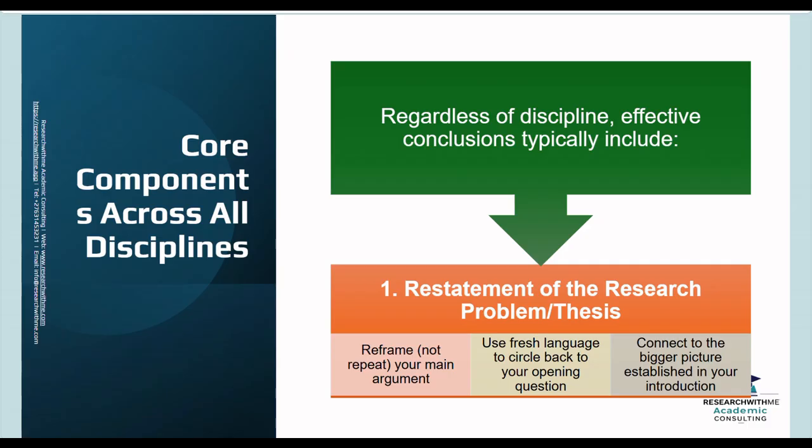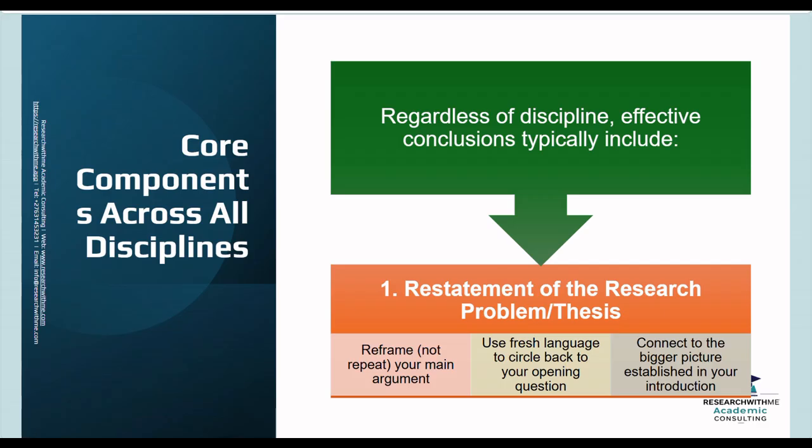All you need to do is bring to mind what is the main argument, what is the thesis, if I can use that word. What is the thesis? Or what is the hypothesis? Or what is the research question? Let's find a way of bringing them forward. Use fresh language to circle back to the opening question, like I've just said.